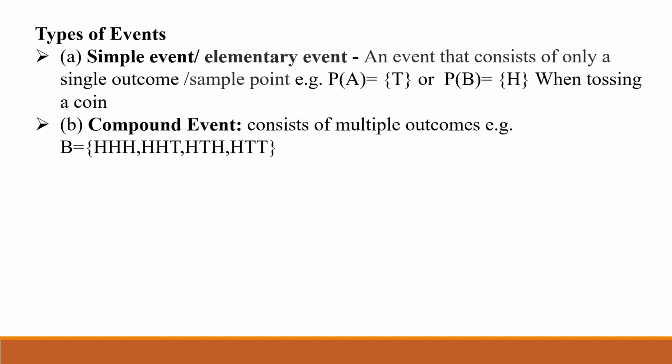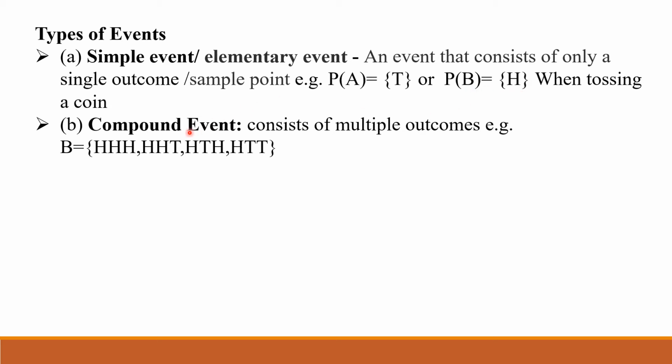Now, there are also types of events. Sometimes we have a simple event, in which case we are saying that it only has a single outcome. So if A is tossing a coin, then the outcome may be a tail, or the outcome may be a head.